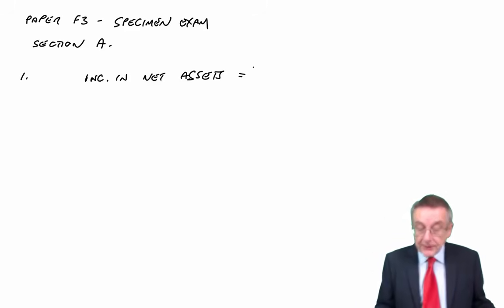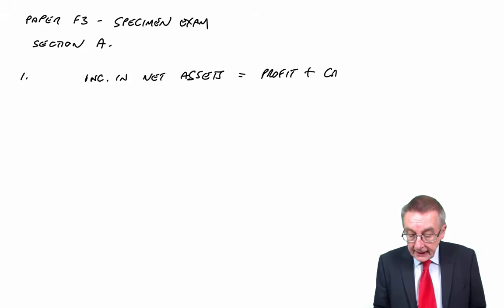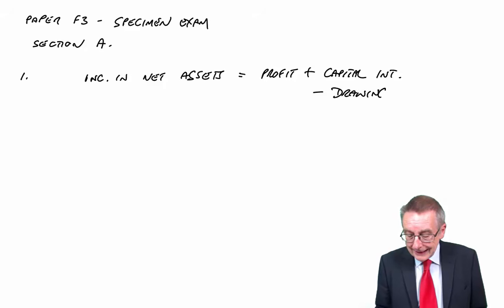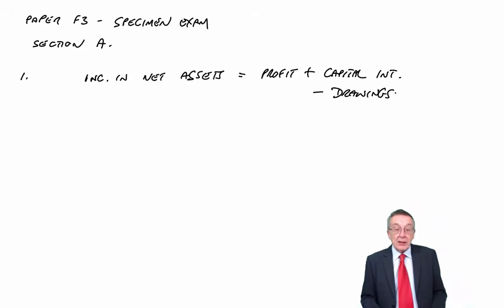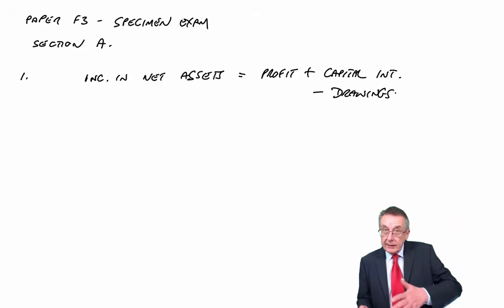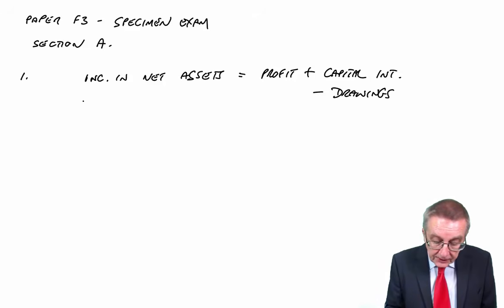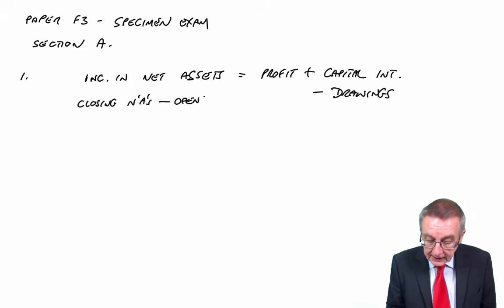The increase is equal to any profit plus any capital introduced minus any drawings. And of course the increase in net assets is the net assets at the end of the year minus the net assets at the beginning. So the closing net assets minus the opening net assets.